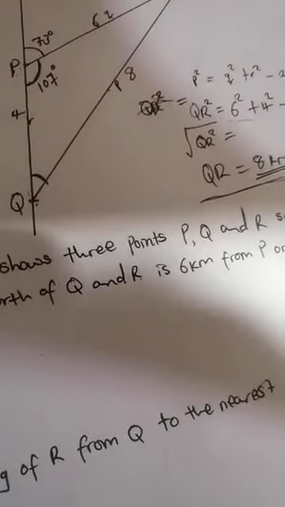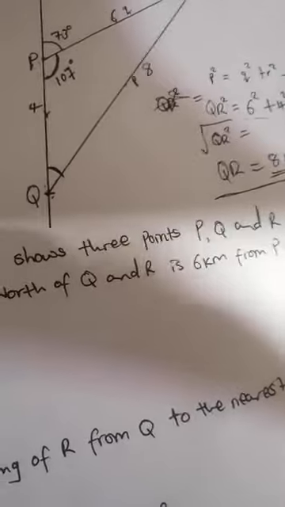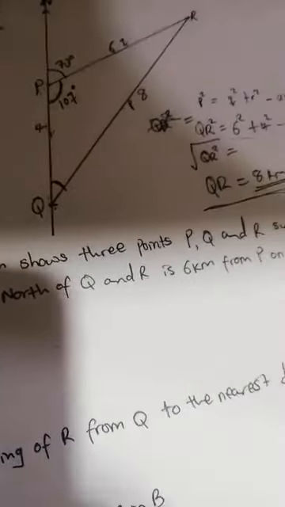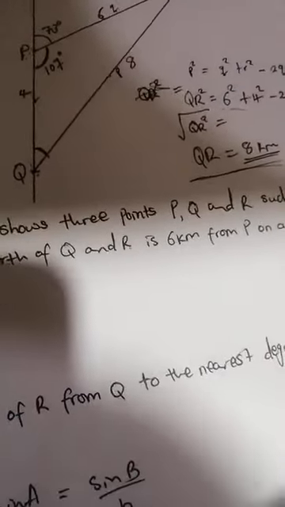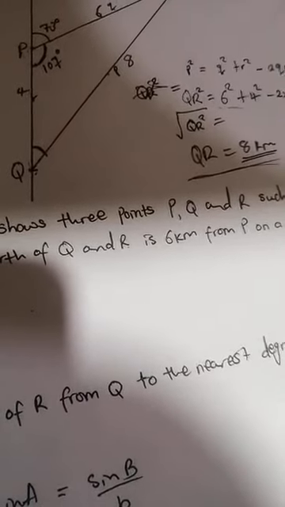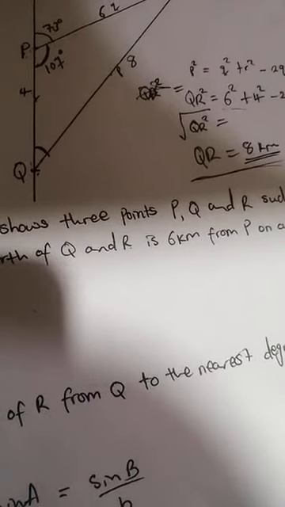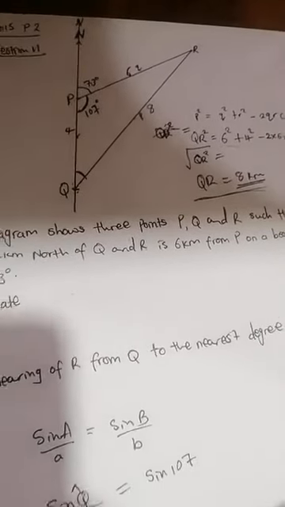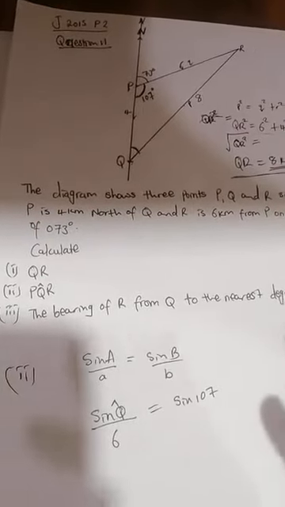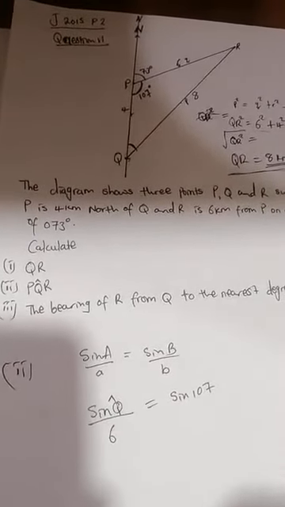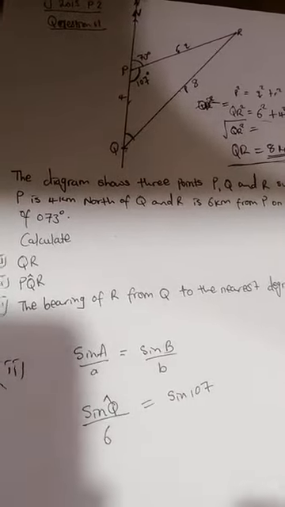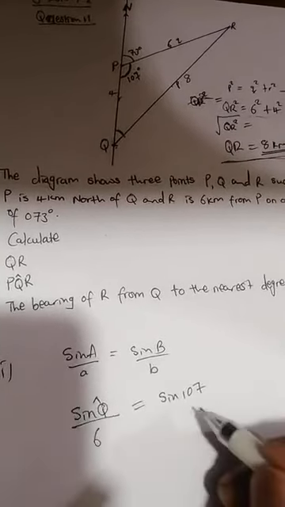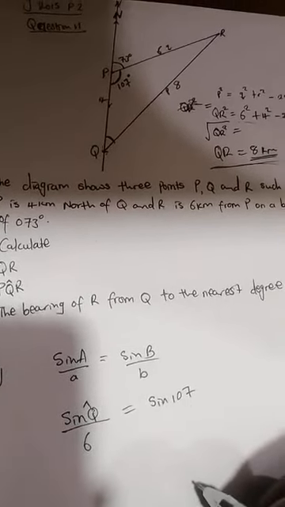Sine angle Q over the opposite side, which is 6, is equal to sine 107. So sine rule is based on the sine of angle over the opposite side equal to sine of angle over the opposite side.